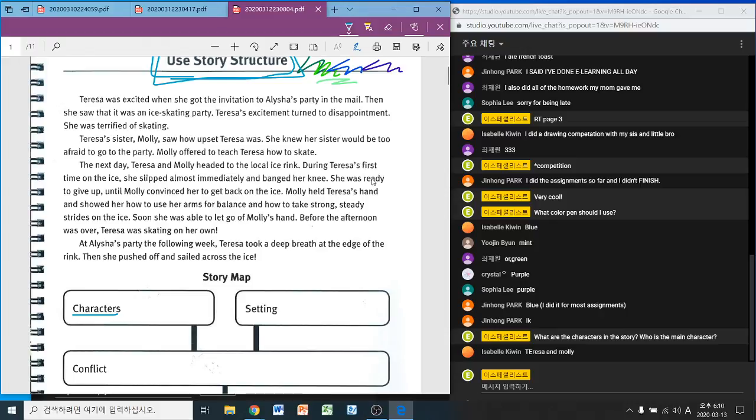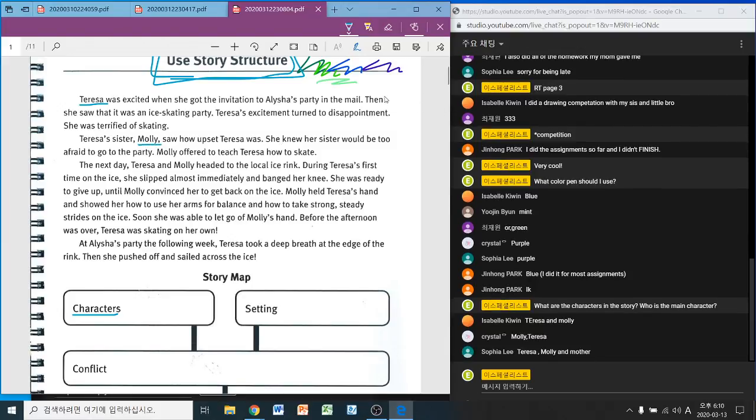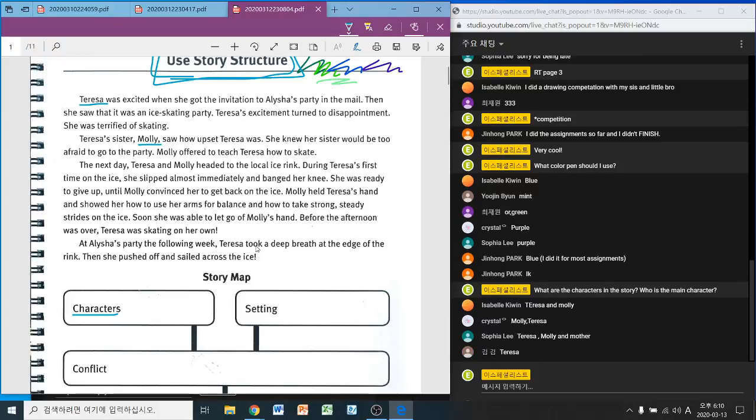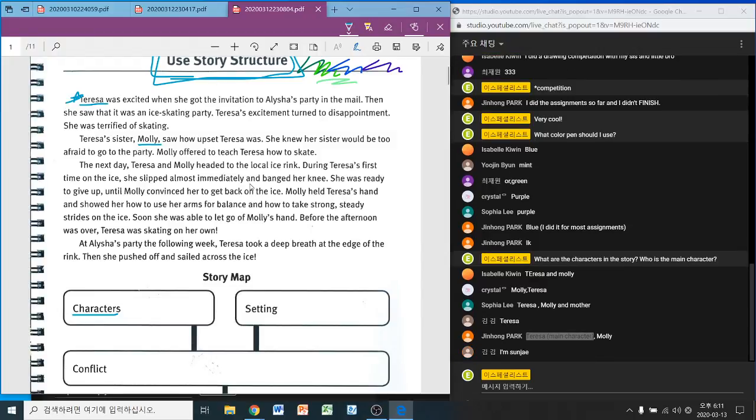I want to hear answers from everyone. Isabel says Teresa. Molly. Anybody else? You're right. Only 2 characters, really. Teresa and Molly are the characters in the story. Who is the main character in the story? Oh, nice. It says Teresa is the main character. Yes. Teresa is the main character.